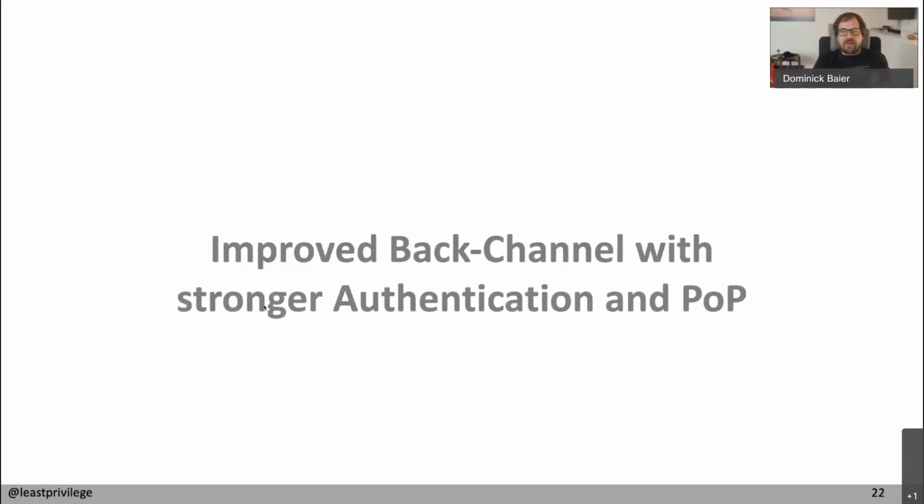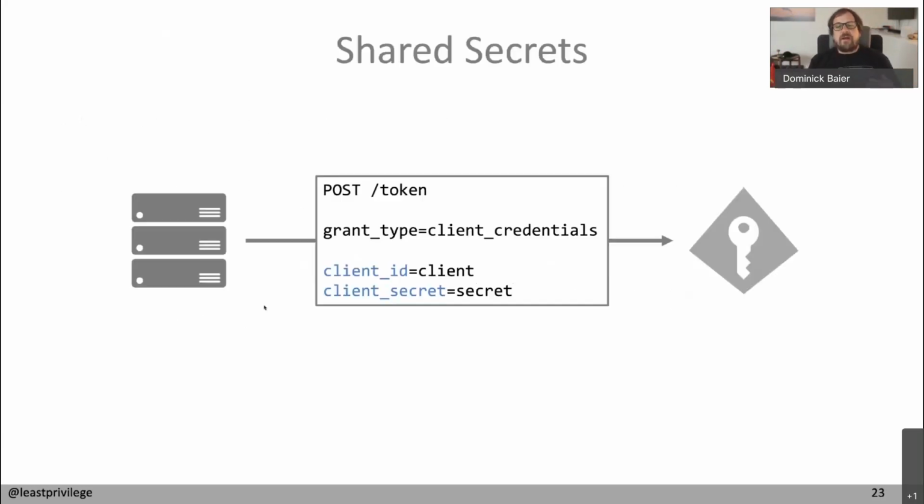The back channel is basically then the thing that takes over once the authorization code has been transmitted back to the client, or if you are in a non-interactive flow like client credential, for example, whenever the client basically wants to request a token, right? So if it's a confidential client, which for most cases it is, the client has to authenticate with the authorization server.